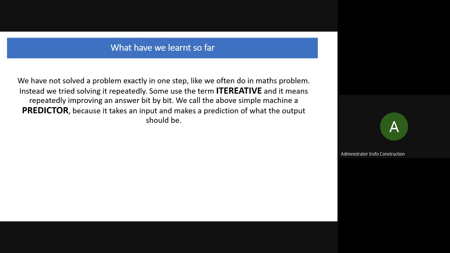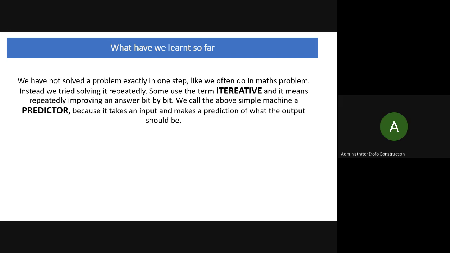This time we chose 0.5, 0.6, 0.7, and 0.61. We kept doing it one by one, so we were able to get a value close to the true value, or a value that would give us a very small error. That's why we say we solved the problem iteratively.